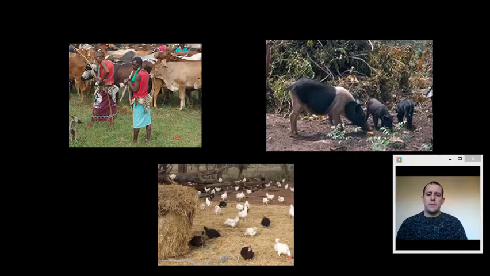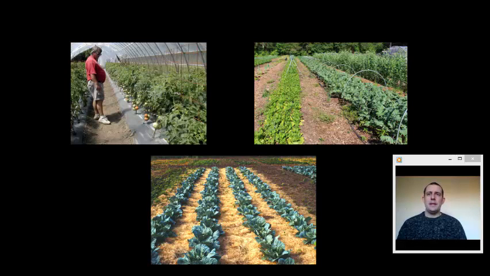With crop production, less intense systems can be used so as to avoid using fertilizers and pesticides. Different systems can be used where we plant two different types of plants next to each other. We can use sheeting to cover weeds rather than using herbicides.